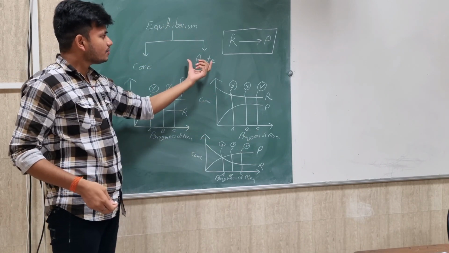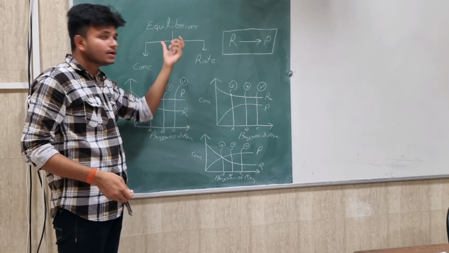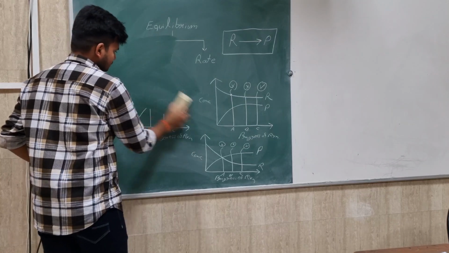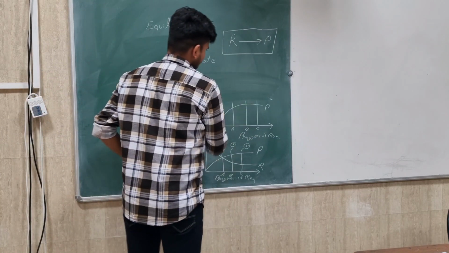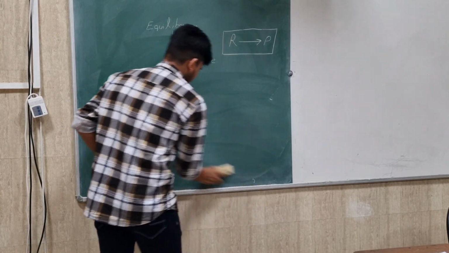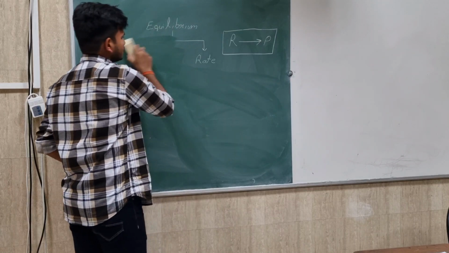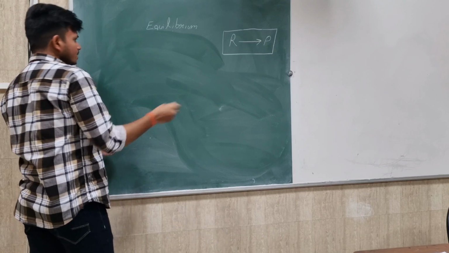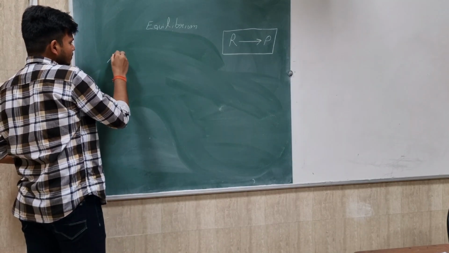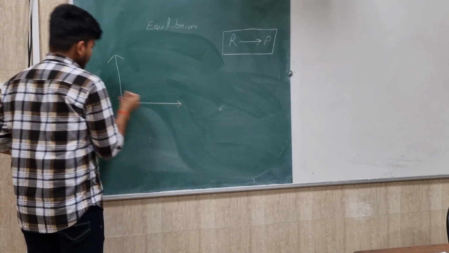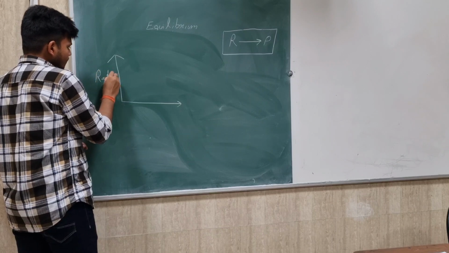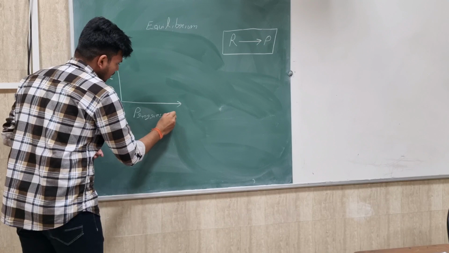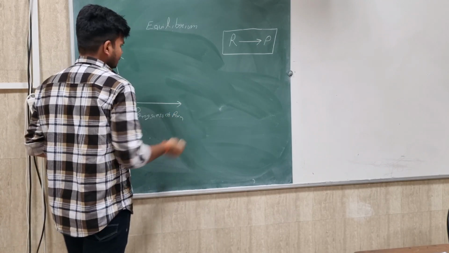Let's see in terms of rate how we define the equilibrium. Let's see. We make a graph: rate versus progress of reaction.